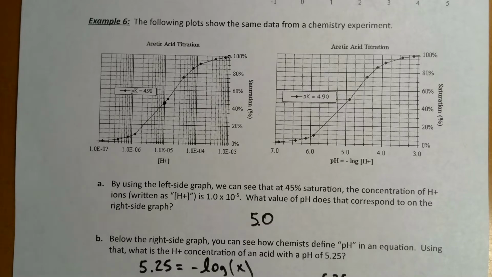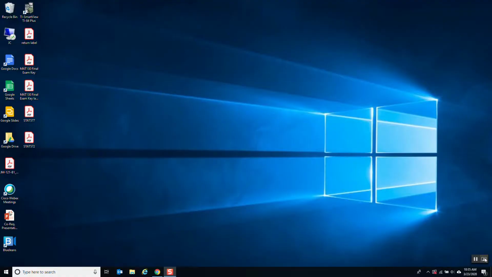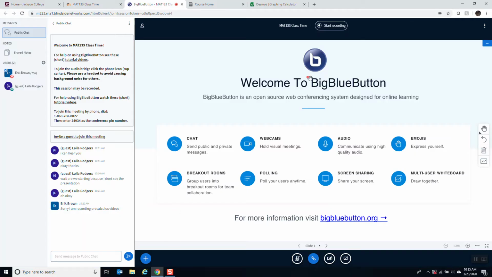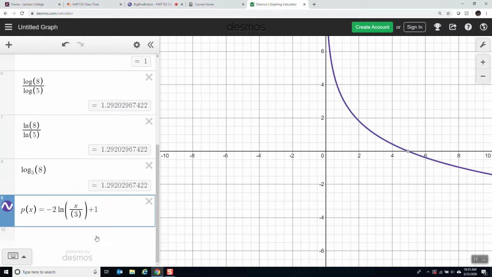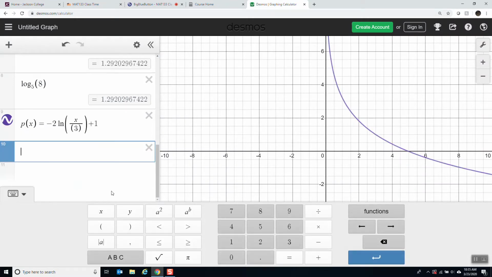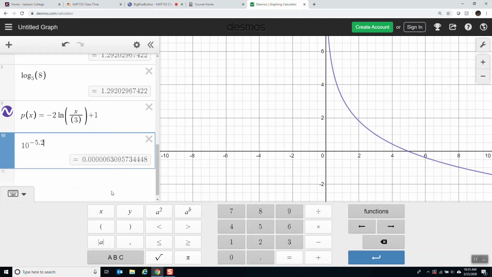And that would give us a number for the positive hydrogen ions, which I'm going to have to use Desmos to do. Here goes Desmos, and we're doing 10 to the negative 5.25, and we get, ooh, that's an awful number.